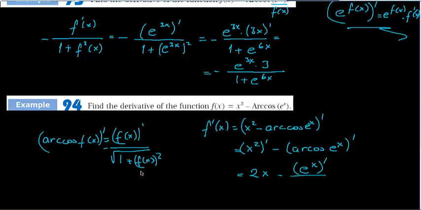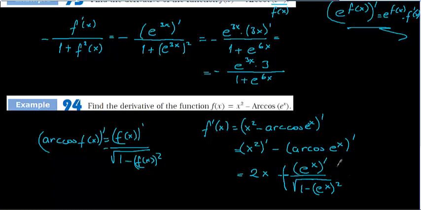Here it was minus, and with f(x) squared under the square root, we have one more minus, so the square root of 1 minus e to the power of x squared.